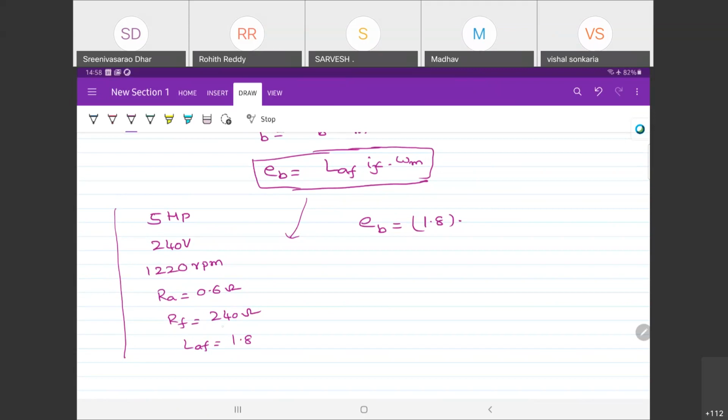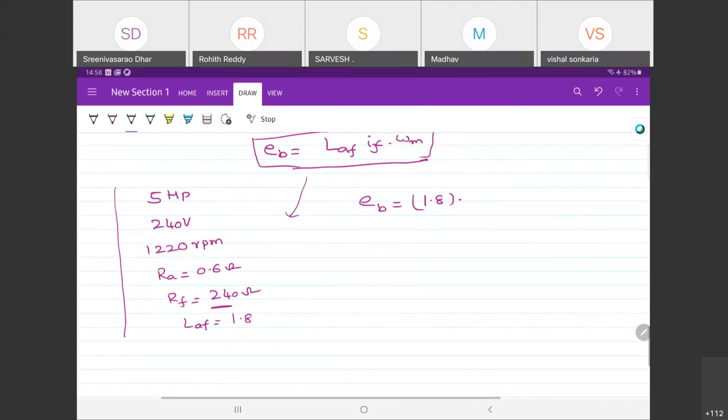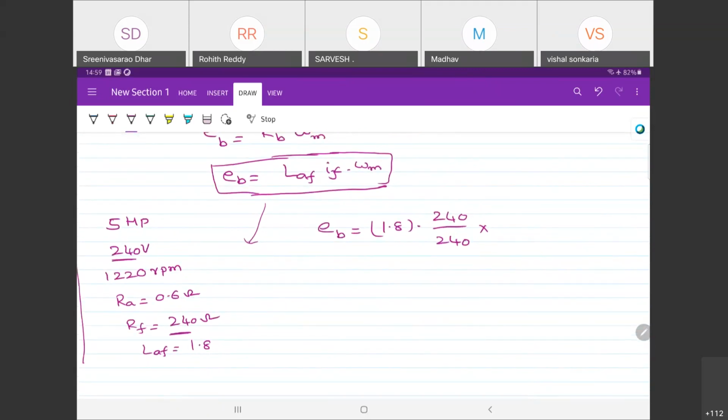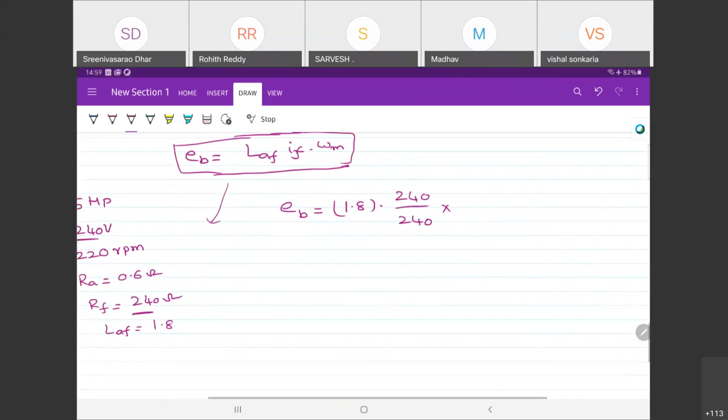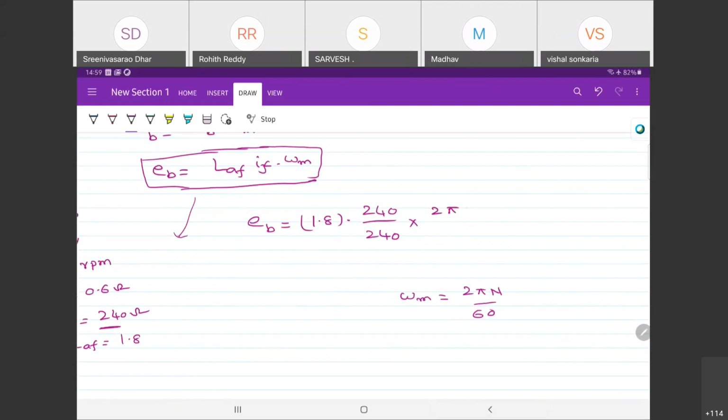The field resistance is 240 ohms and the supply voltage is 240, so it is 240 divided by 240, into omega m. What is omega m? We have made this conversion: omega m is 2 pi N by 60. So N you have 1220, divided by 60. How much will you get here?